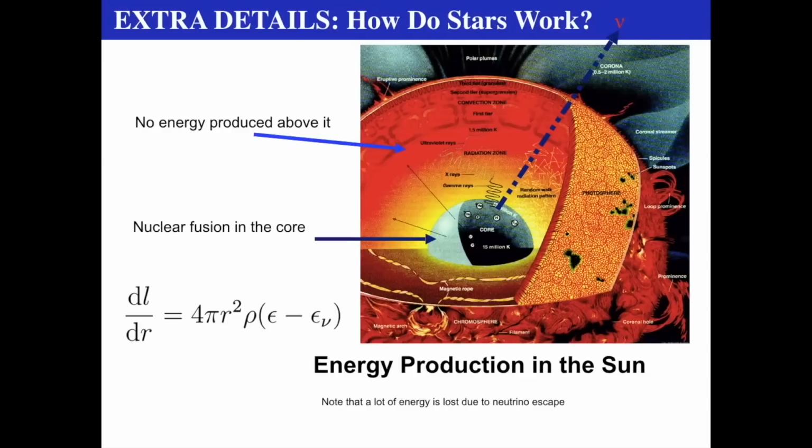And those epsilons are the Greek letter epsilon, epsilon minus epsilon sub nu, which is energy produced by neutrinos. But the energy that is being produced by the center of the star is epsilon. That little epsilon is how much energy is produced at that layer by some means.